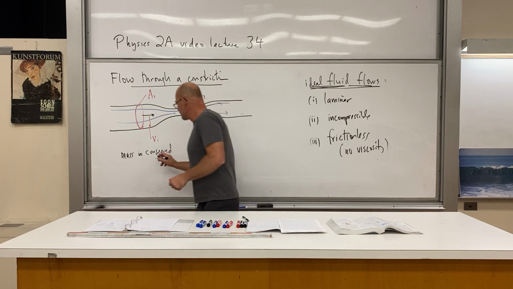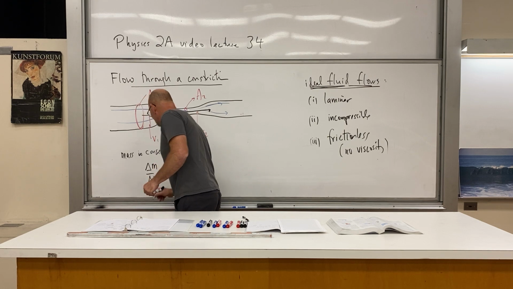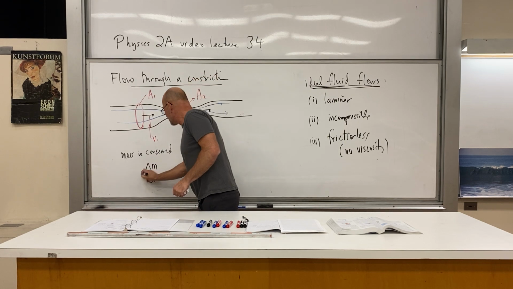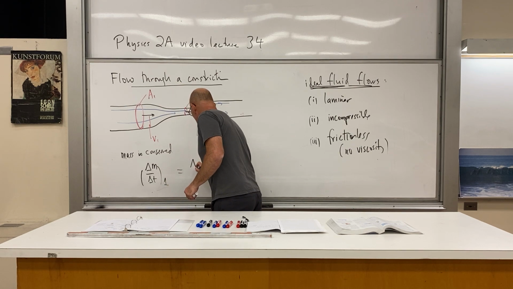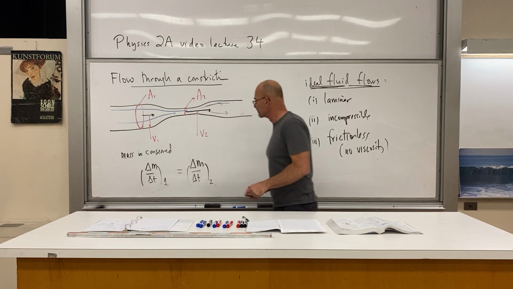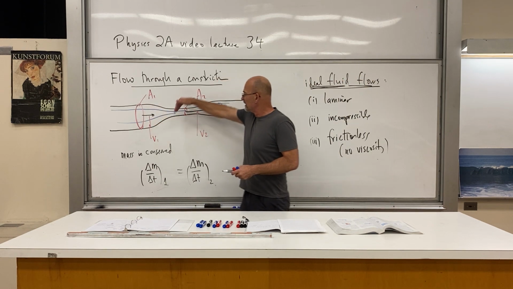So delta M over delta T in area sub 1 here is delta M over delta T in area sub 2. Okay, same amount of mass per time flowing in here, flowing out there.